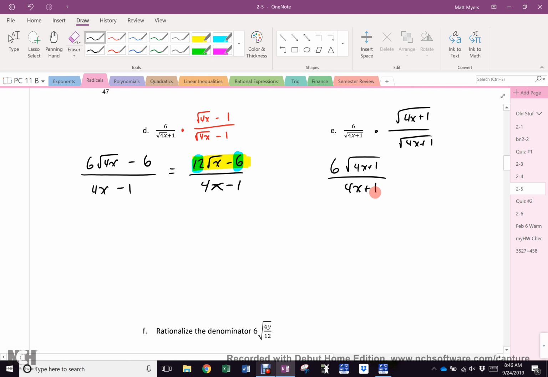And would I stop there? You can make one change. Can you do the 6 and 4 divided by 2? Why not? Because that's a 4x. Am I done there?